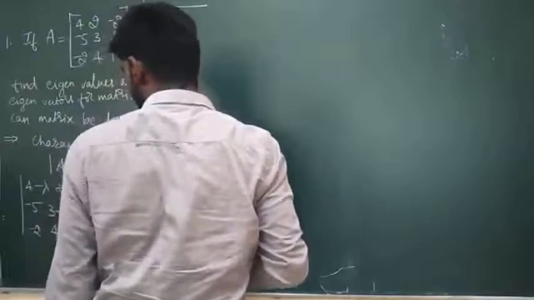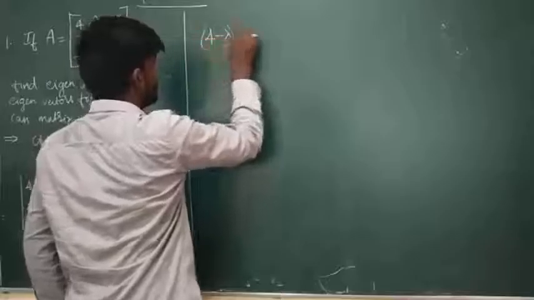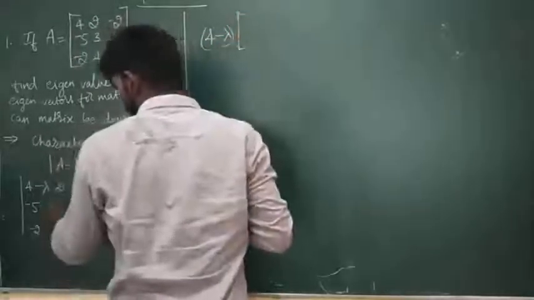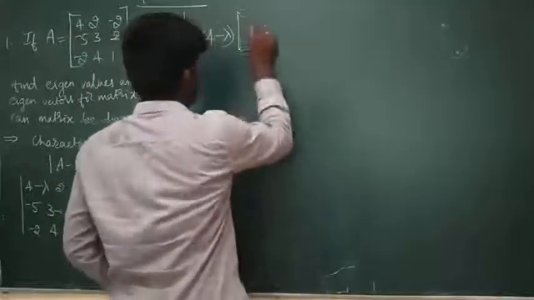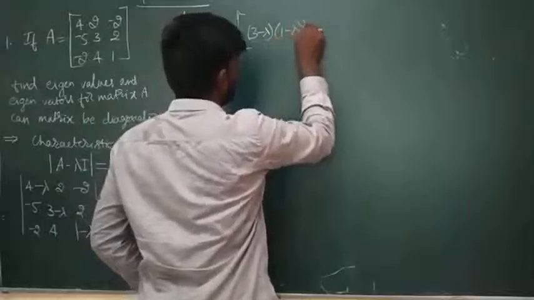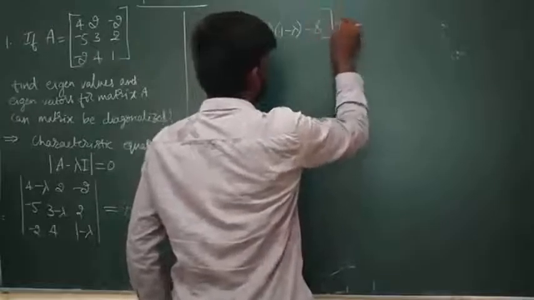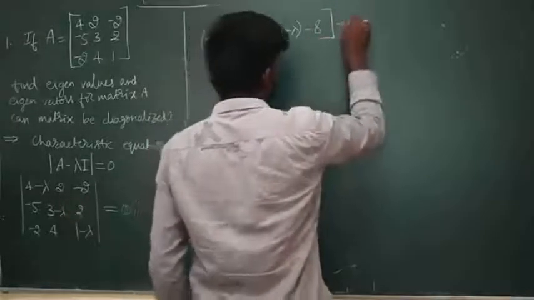Expanding the determinant: 4 minus lambda as it is, into (3 minus lambda)(1 minus lambda) minus 4 into 2, that is 8, minus 2.